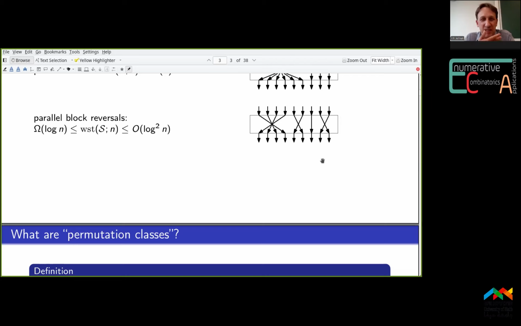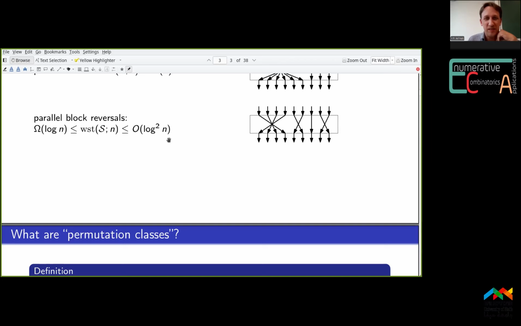And for these operations, the best I can tell you is that you will need, in the worst case, at least order of log n steps. But the best upper bound I can give you is order of log squared n. So I don't even know the exact asymptotics.